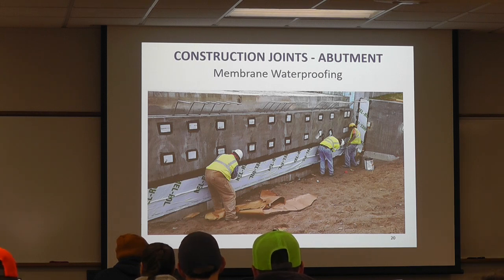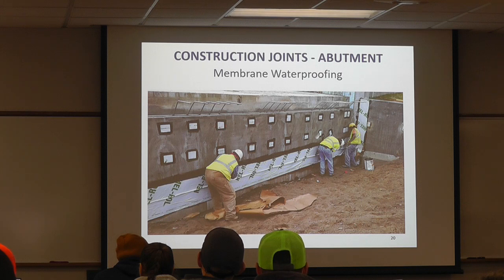And here are some pictures of membrane waterproofing. This Melroll has been used for years, it's a good product. But we see here that they have covered up some areas that probably had some form ties in there, covering up any of these joints, covering up vertical joints. If we had a vertical construction joint, it would also be vertical right there.